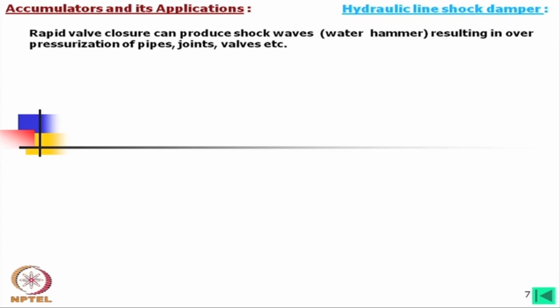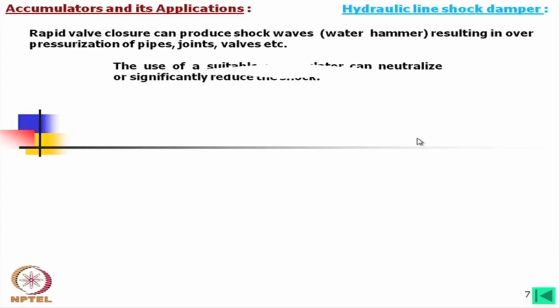If we close the valve suddenly, the pressurized flow is blocked and there will be a very sharp rise of pressure, that will generate a wave inside the oil, and that wave propagates very rapidly and oscillates. It generates a dynamic condition inside the system, and that may even cause bursting of the system, pipelines, etc.